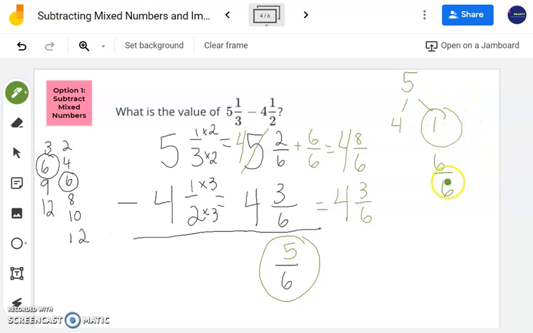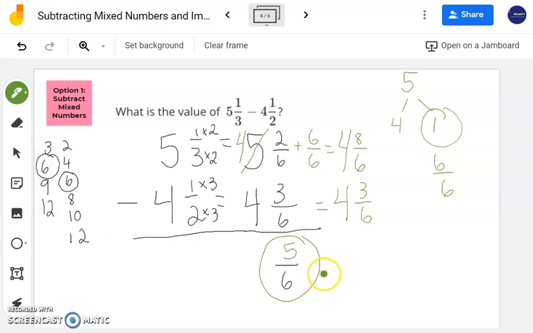Now I chose 6 here because my denominator was 6. So now it makes it nice and easy when I want to add this 1 whole to 2/6. And now that's creating my new mixed number of 4 and 8/6, which is allowing me to now subtract my numerators because you can do 8 minus 3, which gave me 5, giving me a final answer of 5/6.